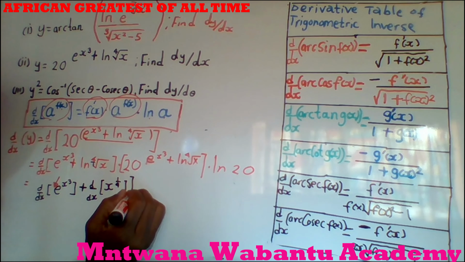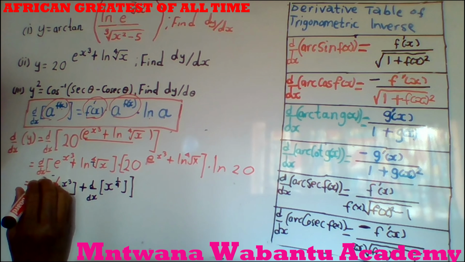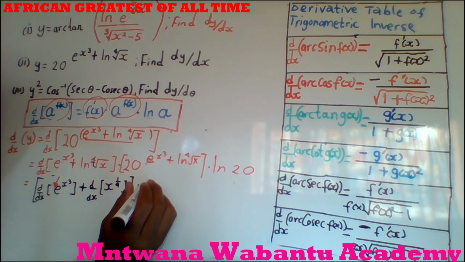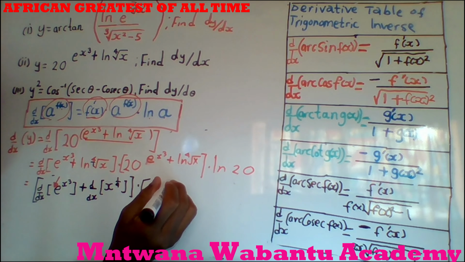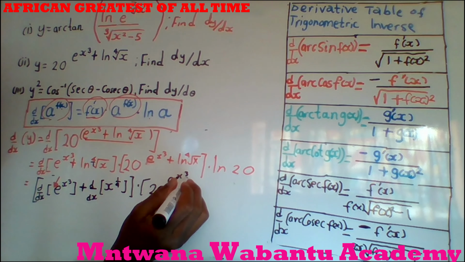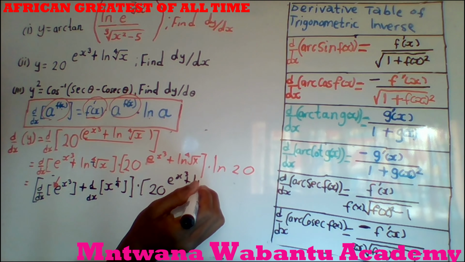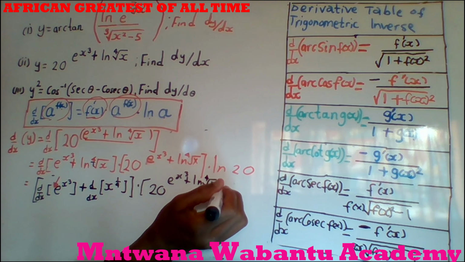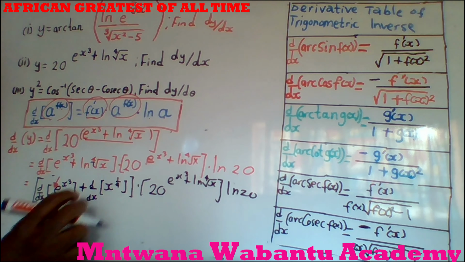Remember, we've got our bracket here, and then we write exactly 20 to the power e^(x^3) plus ln of the fourth root, and the ln of 20. So my focus is going to be here.